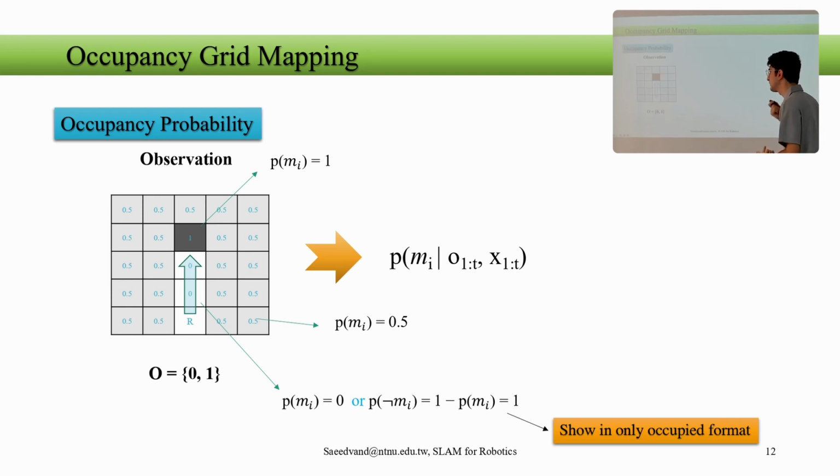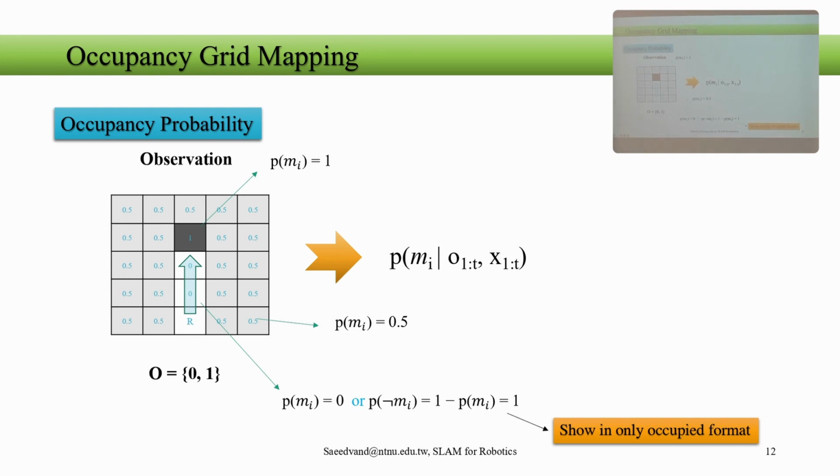Whatever the sensor, you are measuring the distance, and when your robot measures the distance, the observation can say this cell is occupied or not occupied, and give us 0s and 1s as the observation model.